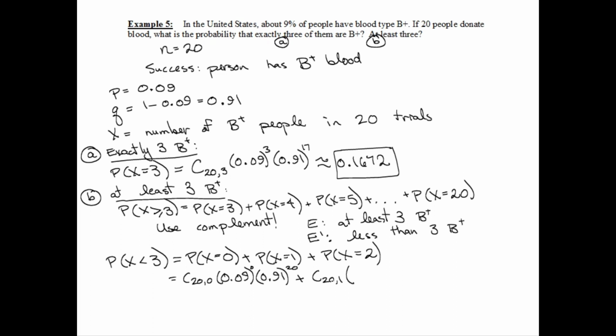Remember, that'll just be 20 because there are 20 ways to choose 1 out of that group. And then we have 0.09 to the first and 0.91. If we have 1 success, we must have 19 failures. Then we do it for 2 successes, so this time we will need our combination. Combination 20, 2, and then 0.09 to the 2, 0.91 to the 18th.